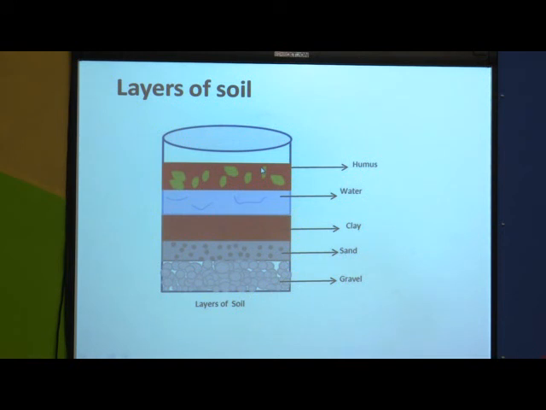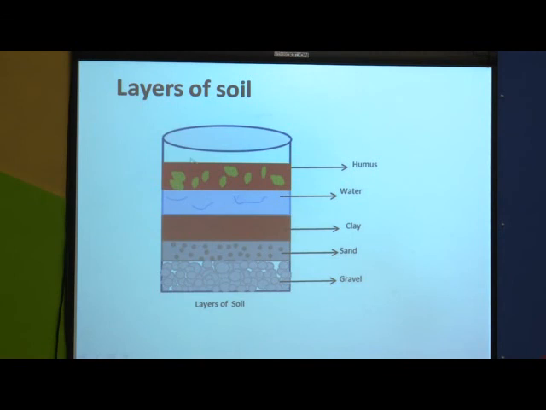So you can see here, these are the humus. Now these are spaces between the soil particles. These spaces are filled with water and air. Understood till here? Yes students?